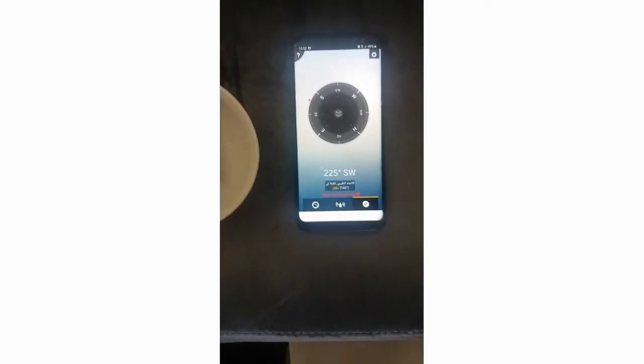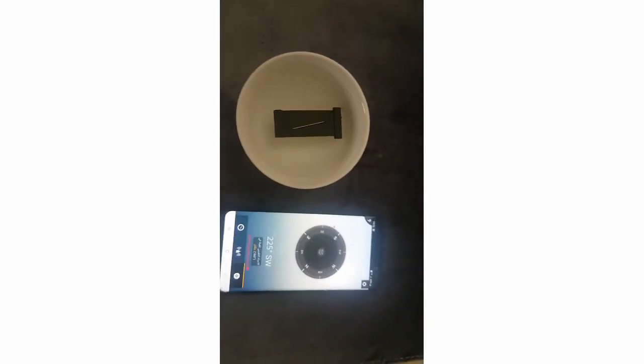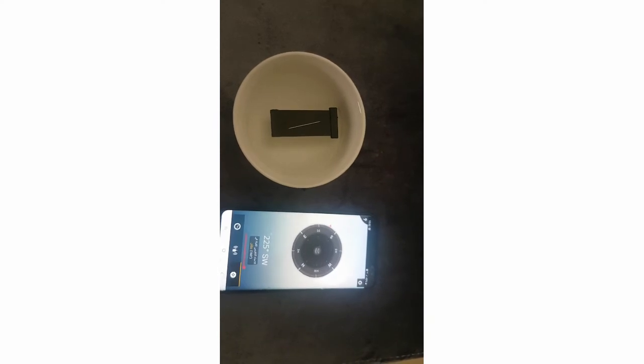Okay, let's check if that's correct or wrong. Now I have a compass in my phone. Let's see, is it the same direction or not? Yes, almost the same.